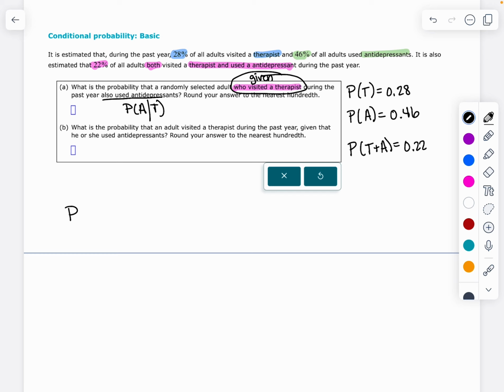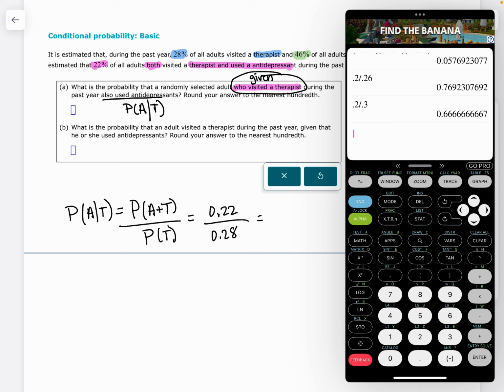So the probability of A given T is going to be the probability of A and T over the probability of T. It should be 0.22 over 0.28. 0.79.